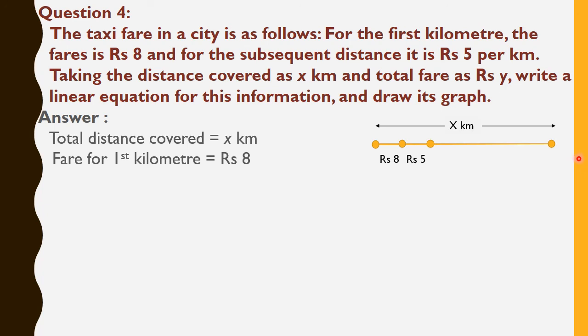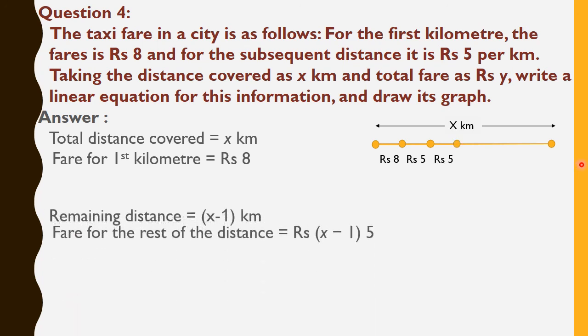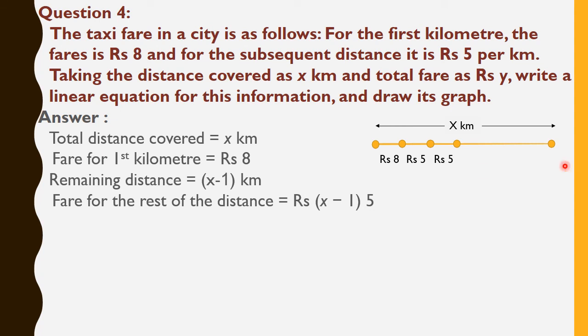For the next part, it is given that the cost of the taxi will be rupees 5. Again, for the next kilometer, it will be again rupees 5 and so on.